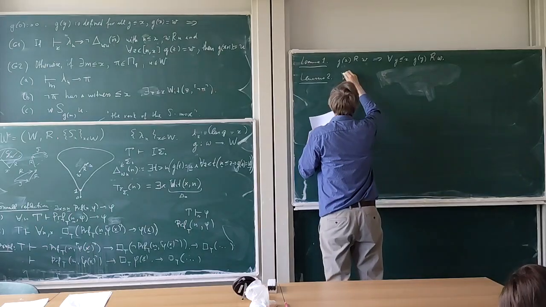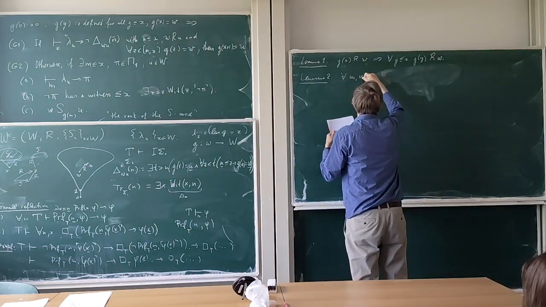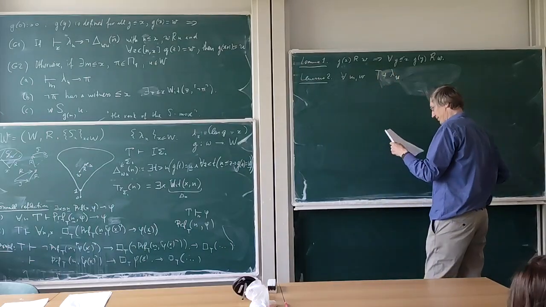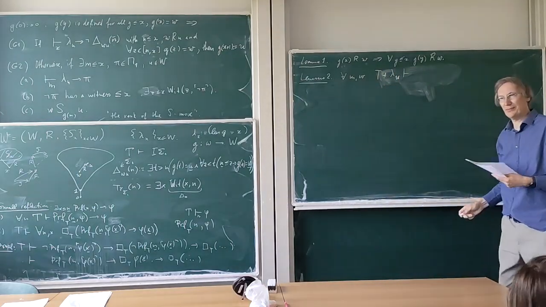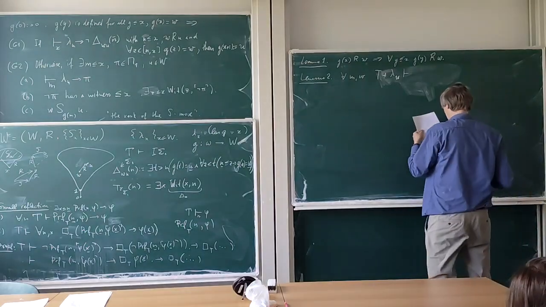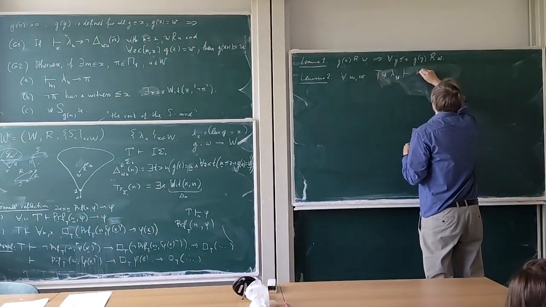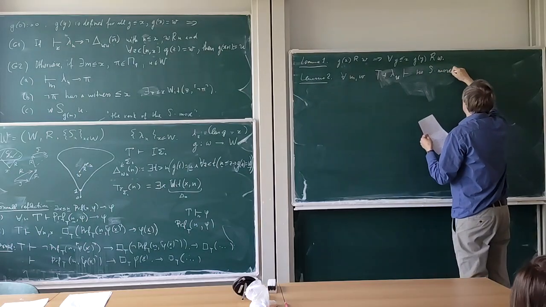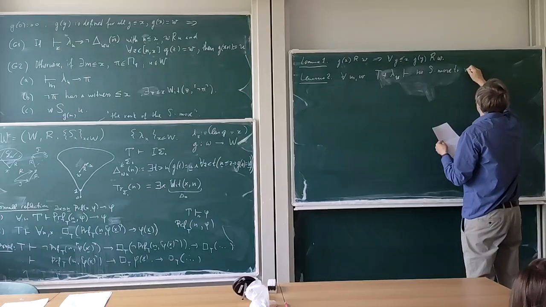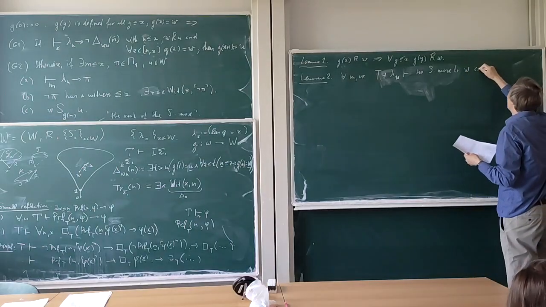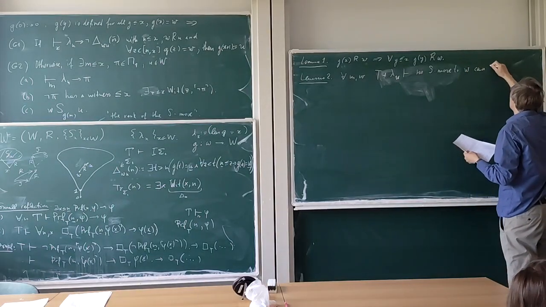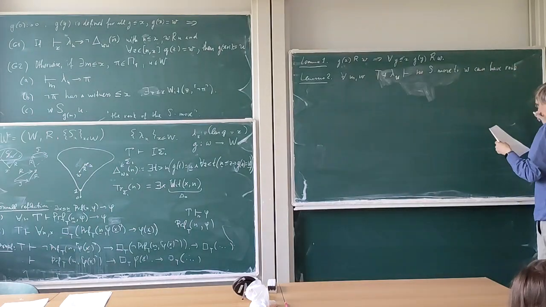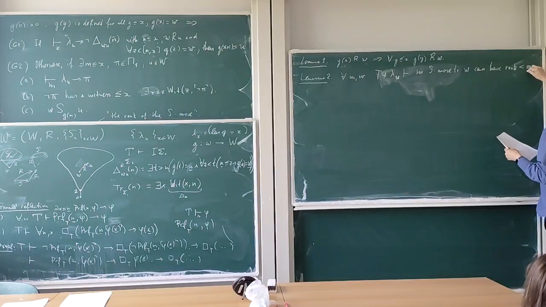For all m and w, T plus lambda w proves the following: no S move to W can have rank smaller than M.